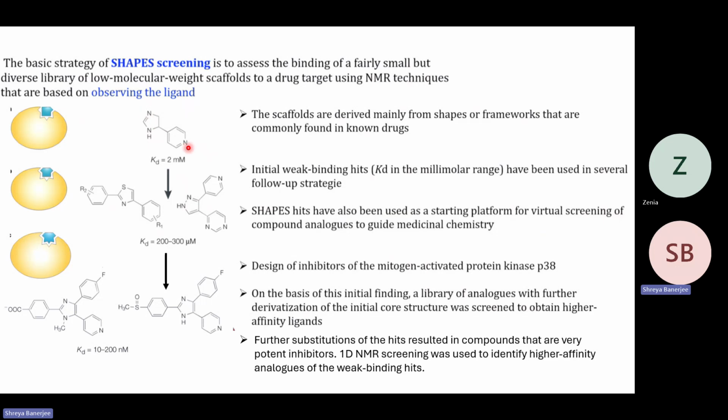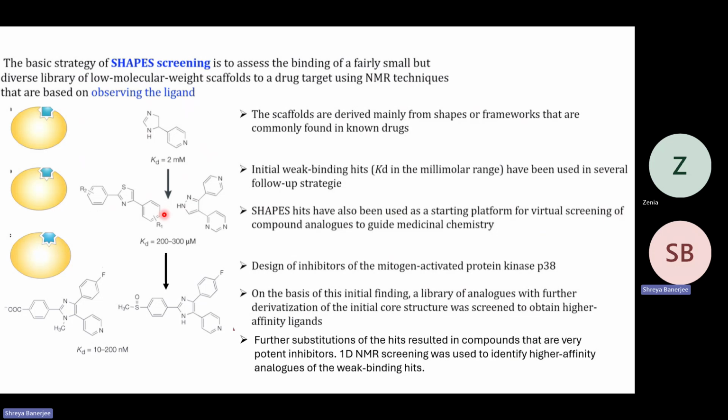So the initial core structure is there, one 5-membered ring, one 6-membered ring, that is derivatized to get a further library which has comparatively higher binding, micromolar. Then further substitution of these higher binding affinity ligands resulted in compounds that are very potent inhibitors. 1D NMR screening was used to identify higher affinity ligands of the weak binding hits.